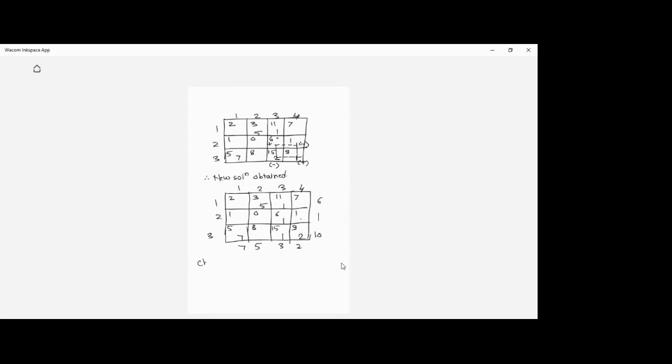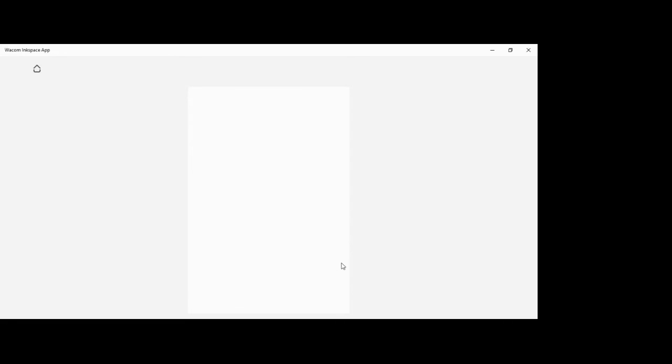check the optimality. I'll be finishing this in 2 minutes, because it will be a problem to repeat again. So let's check the optimality. The same solution I'll be writing again to avoid confusion.